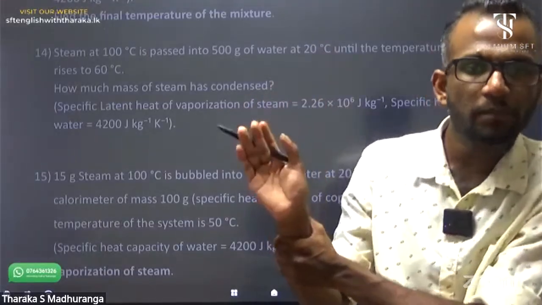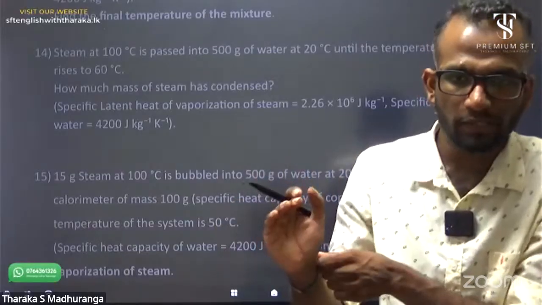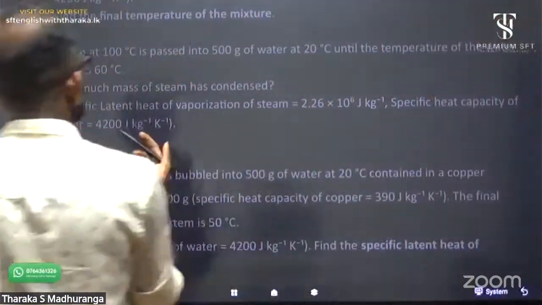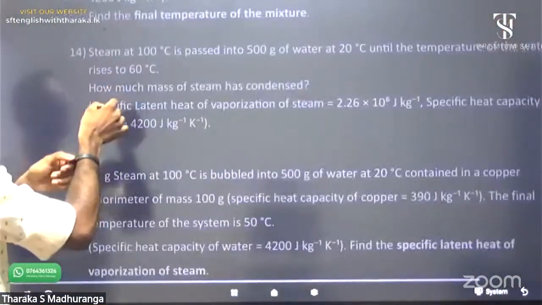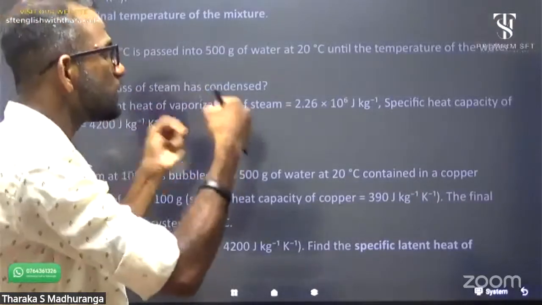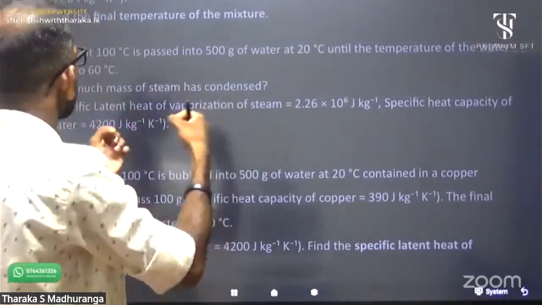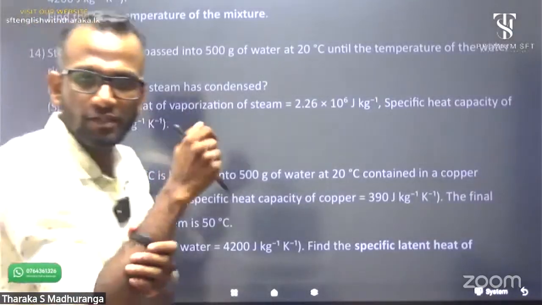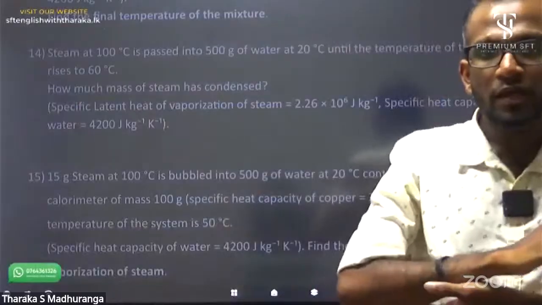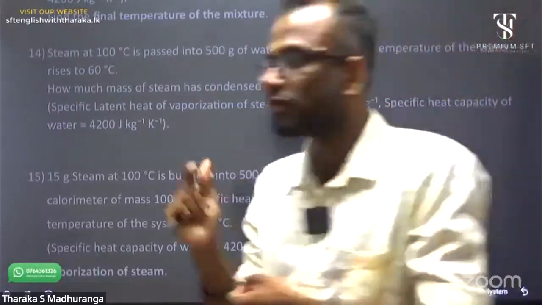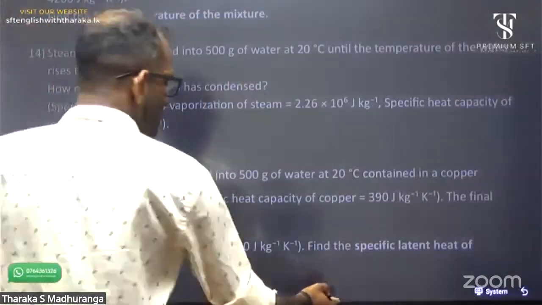If it is steam, it is the condensation temperature. It is passed into 500 gram of water at 20 Celsius until the temperature of the water rises to 60 Celsius. How much mass of steam has condensed? It's a good point.